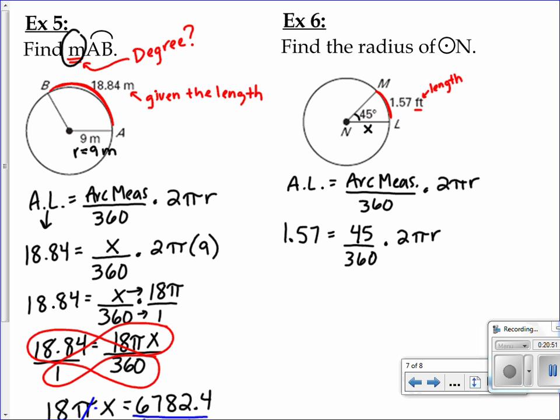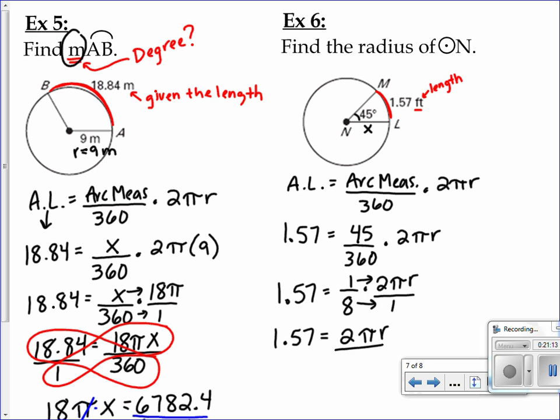You could actually take out a 5. You could take out a 9. You could take out 45. So this simplifies down to 1 over 8. And then I'm just going to put the 2 pi r over 1. I'm going to go straight across just to combine it into one fraction. So 1.57 will equal 2 pi r over 8.